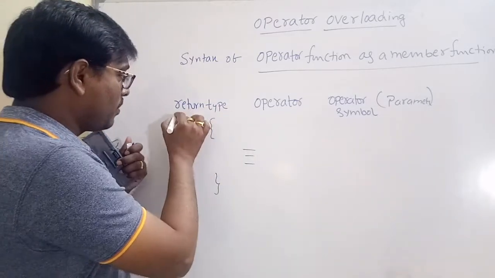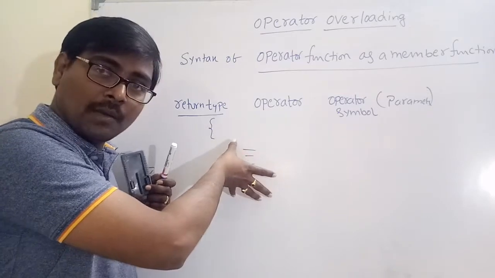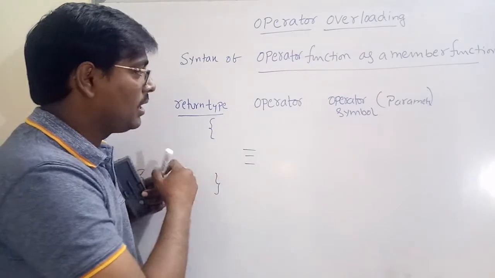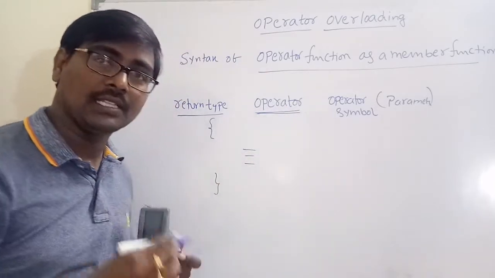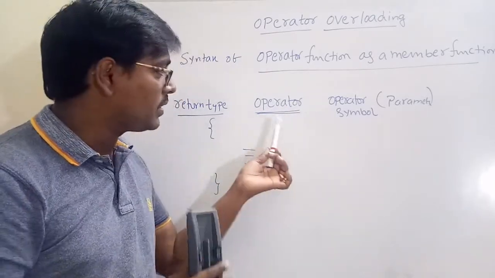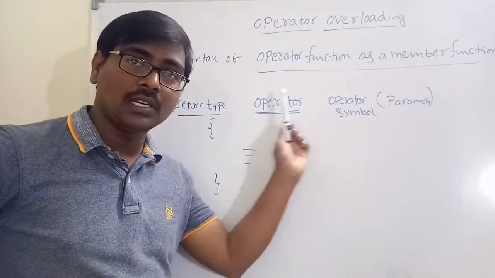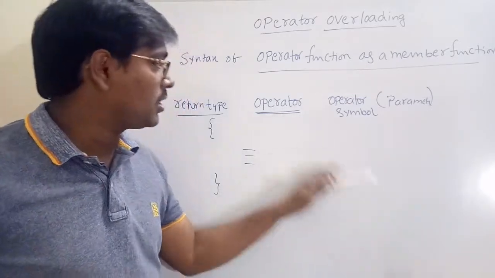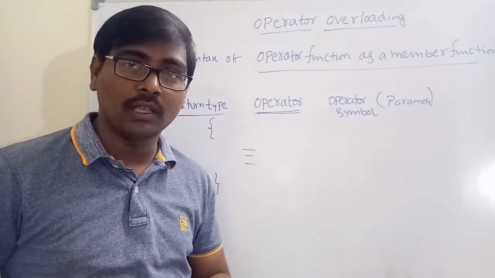The return type specifies which type of value is returned by performing this operation. Here, operator is the keyword. It specifies that this is an operator function, and by using it we are performing operator overloading.